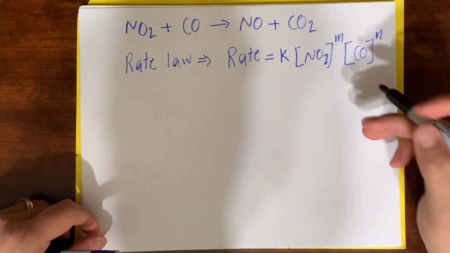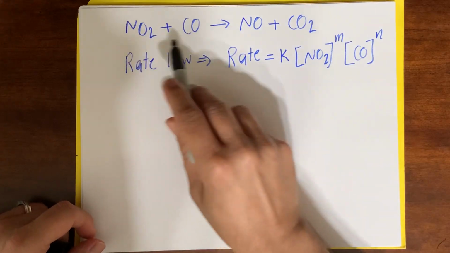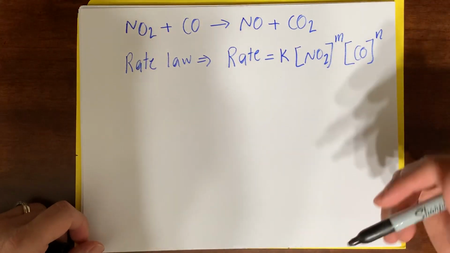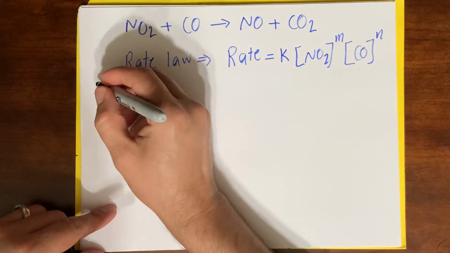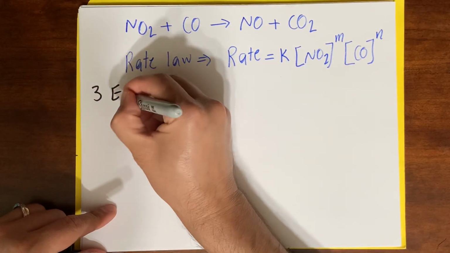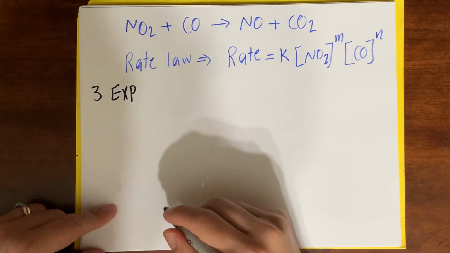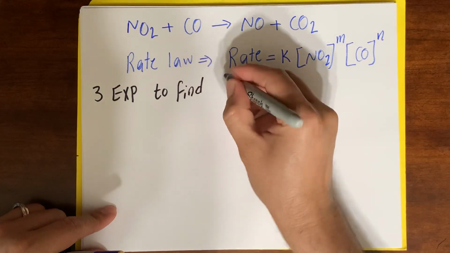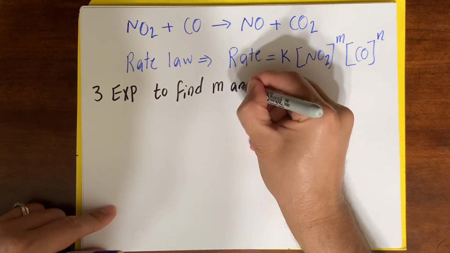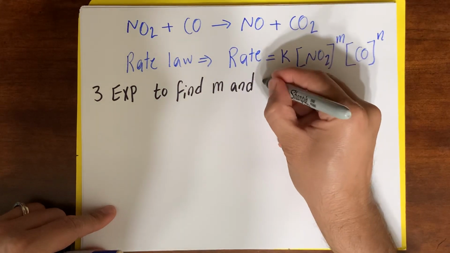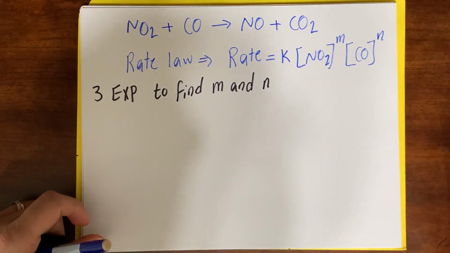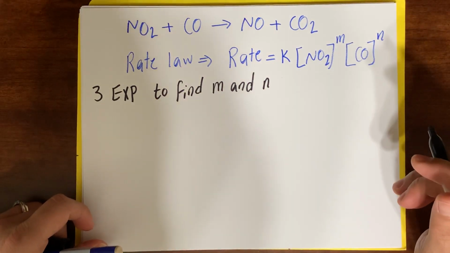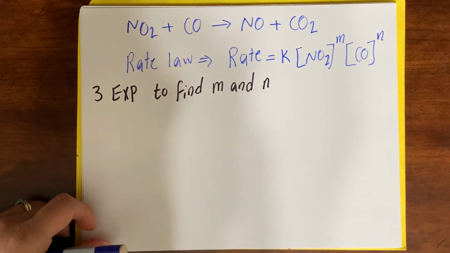If we have more than one reactant, like in this case we have two reactants, we need to do at least 3 experiments to find M and N.